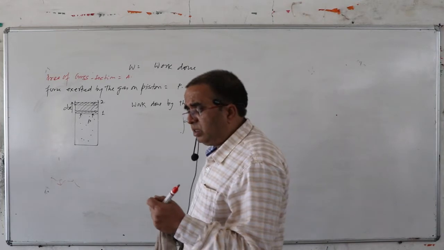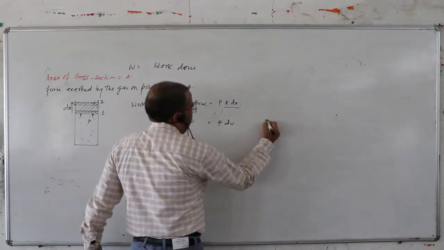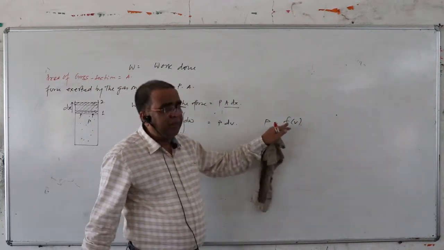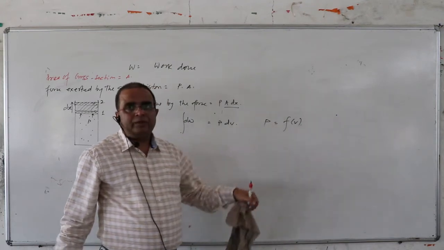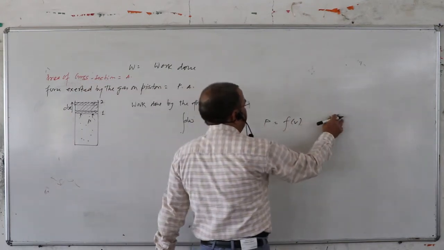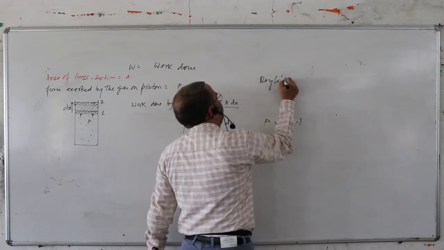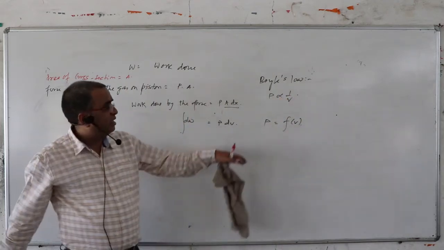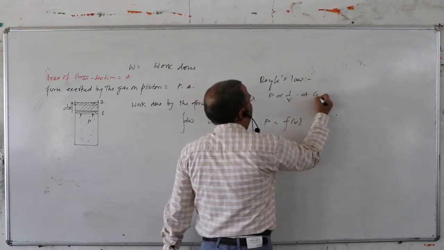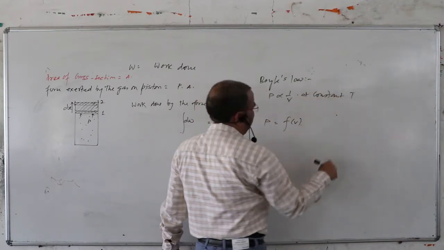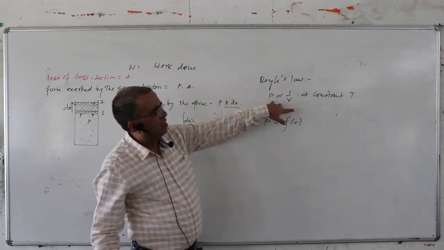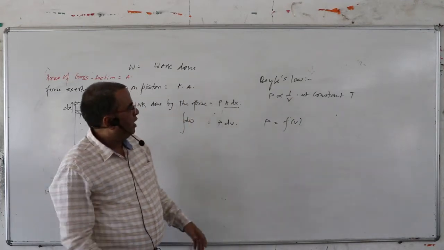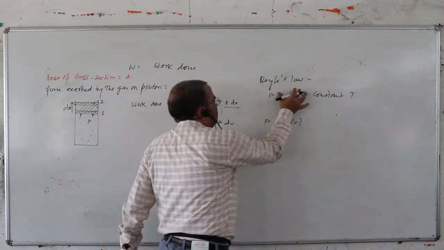In some cases P may be given as a function of V, a variable P that changes with V. For example, in an isothermal process, Boyle's law states that for a given amount of gas at constant temperature T, the pressure of the gas is inversely proportional to V. That means P is an inverse function of V, not a constant.